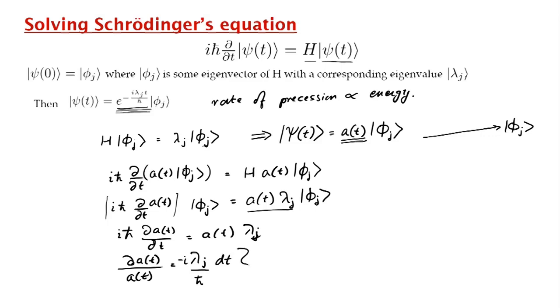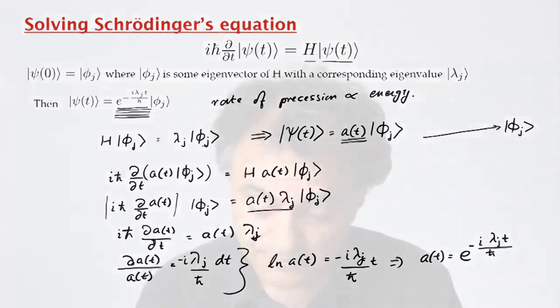Integrating both sides, we get the natural log of a of t equals minus i lambda j over h bar t. That implies that a of t equals e to the minus i lambda j t over h bar. And that's exactly what we set up here.